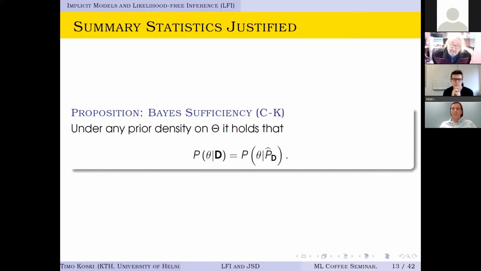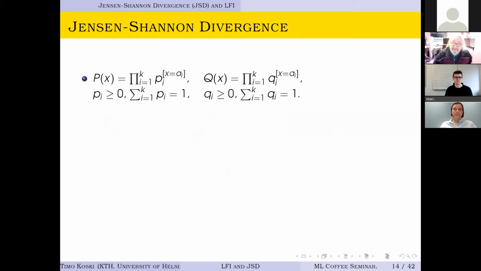Namely, if you calculate the posterior distribution of the parameter given the data, it is exactly the same as the posterior distribution given the empirical distribution. That's for any prior density on the parameter space. I haven't seen this anywhere, so I claim that we have proved it, but maybe this is known already somewhere, but I haven't seen it for this particular case.